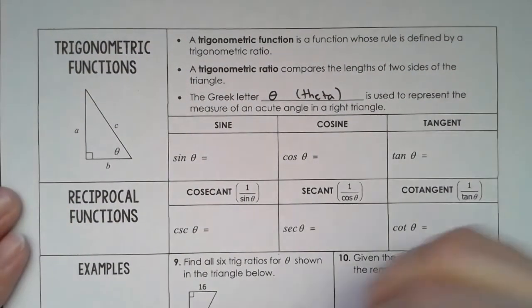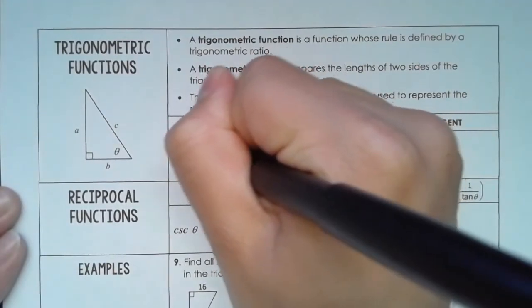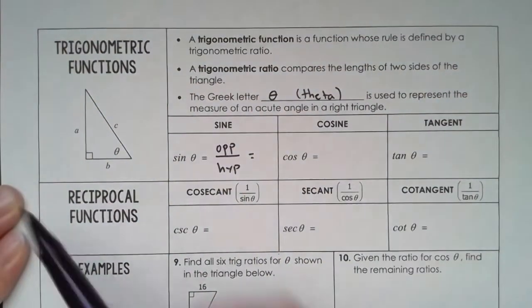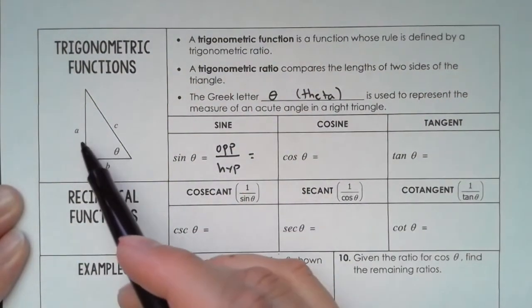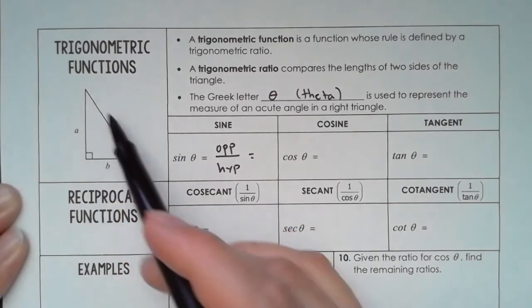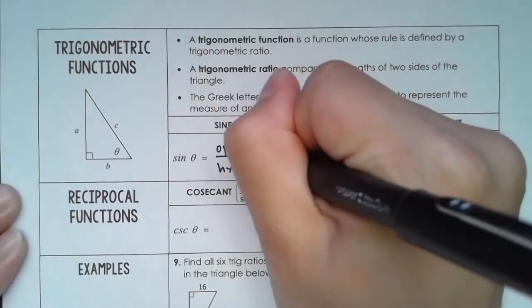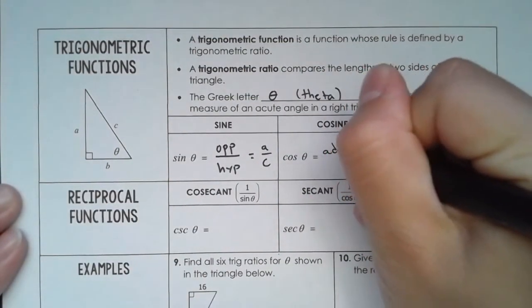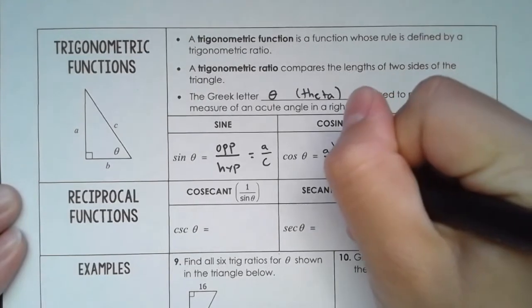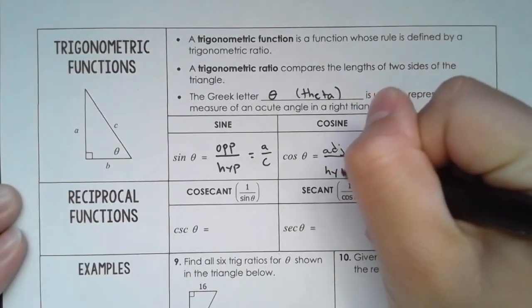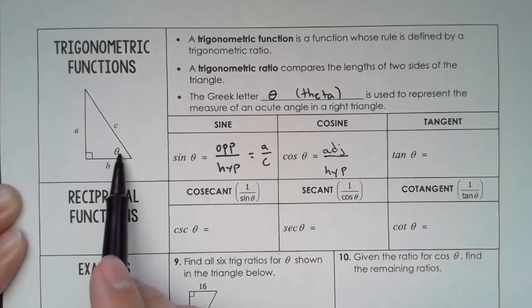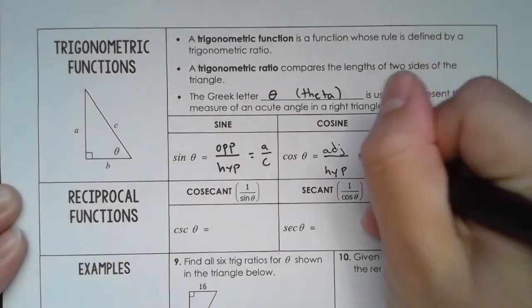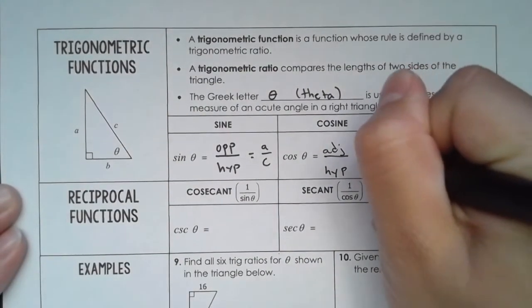So sine is opposite over hypotenuse, and if we look at our triangle here, that's equal to, well, theta opposite A over hypotenuse C. So this is A over C. Cosine is adjacent over hypotenuse, so here's theta, adjacent B over hypotenuse C. So this is also B over C.